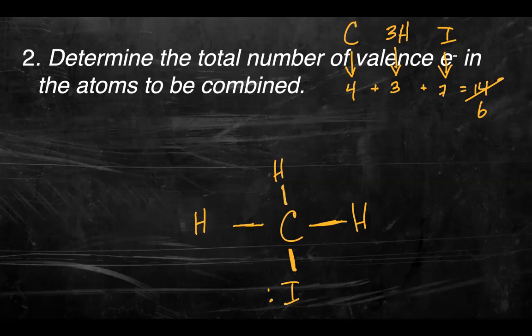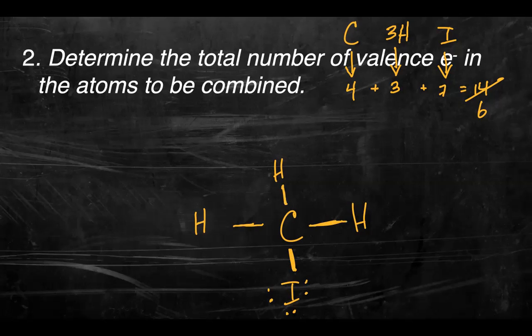So that means I'm going to fill in the octet for iodine using a dot to represent an electron, of course. And now the last thing that I do is count my total number of electrons and make sure that I have 14 and only 14. You have to have exactly the correct number of electrons.